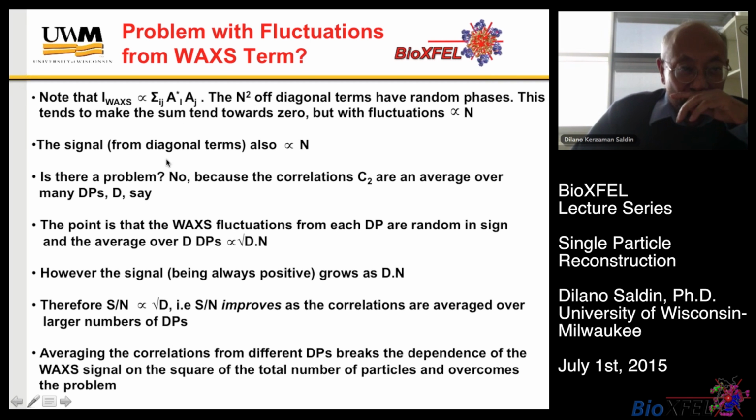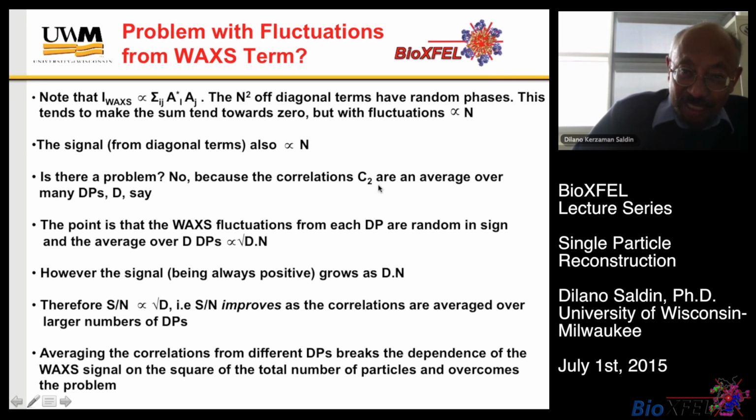But the diagonal terms, which produce the signal that we want, which produce the correlation functions that we want, of the same particles, have only different orientations, these signals also go as n because there are n diagonal terms. So is there a problem?